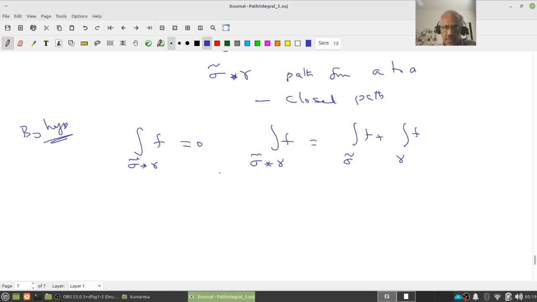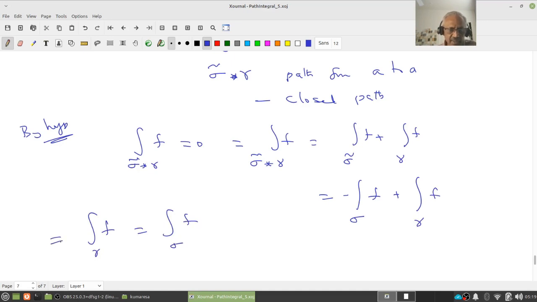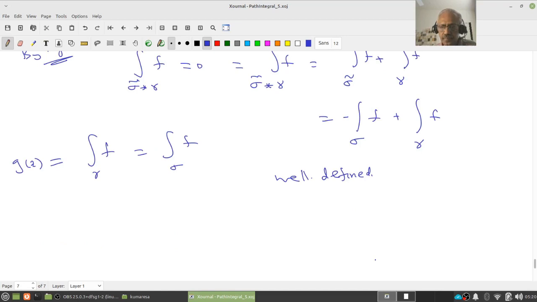We know the integral over the reverse path is minus the integral of F over sigma, so minus the integral of F over sigma plus the integral of F over gamma is 0. That means the integral of F over gamma equals the integral of F over sigma, but that's our definition of G of Z. Therefore G of Z is well defined. Make sure you understand this.